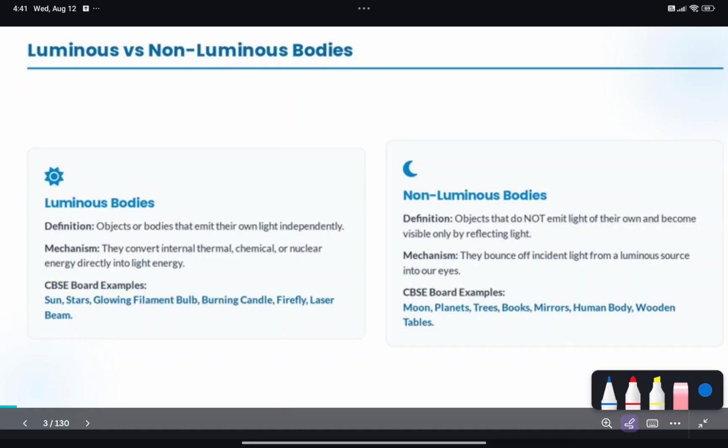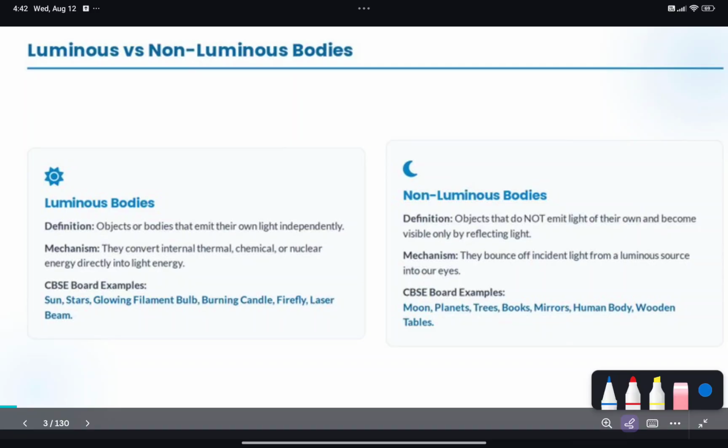Nuclear fusion. Yes or no? Due to those reactions, a certain amount of light and thermal energy is emitted. Getting the point? Is it clear? Any doubt? That is the reason. Mechanism: they convert internal thermal, chemical or nuclear energy directly into light energy.